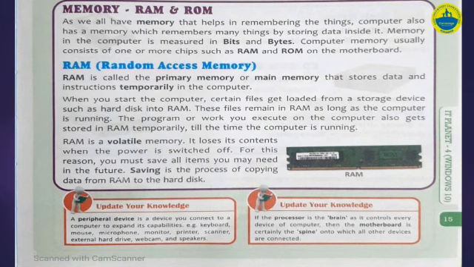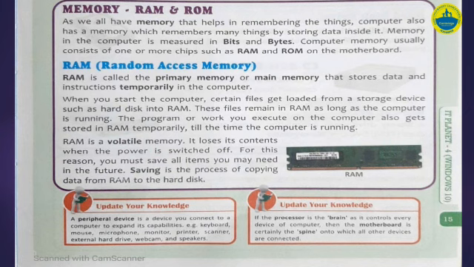First question: what is memory? As we all have memory that helps in remembering things, if we are talking about the human brain, similarly the computer also needs some memory, which is used to store data inside it, or to remember some things inside it.